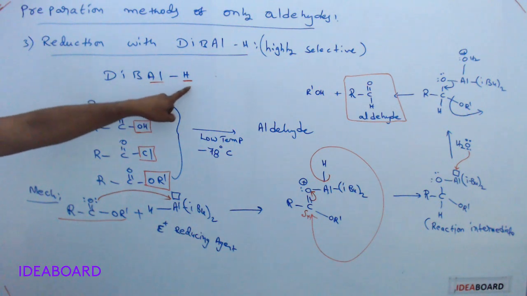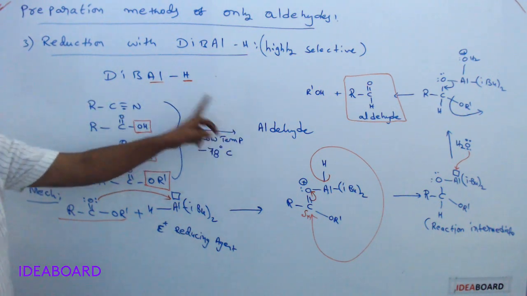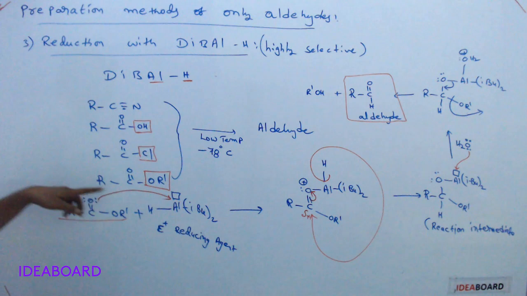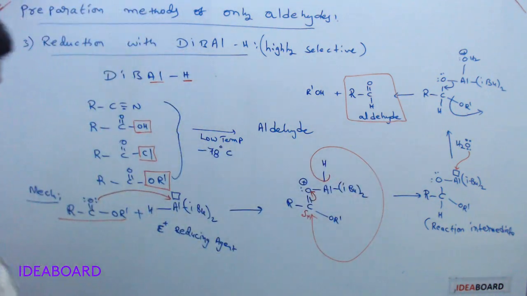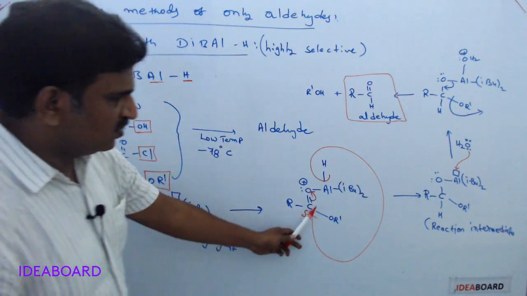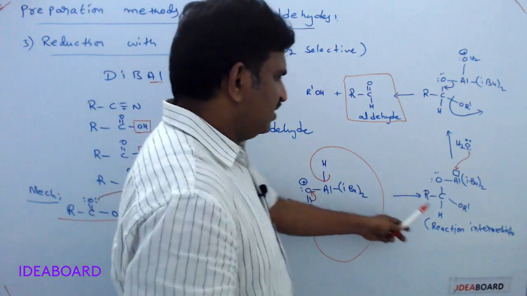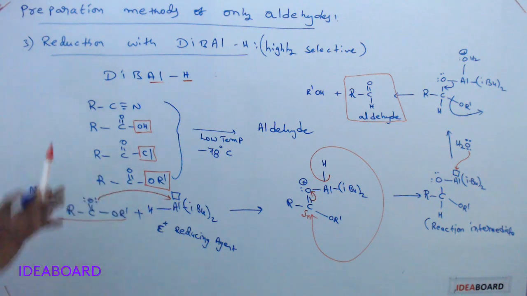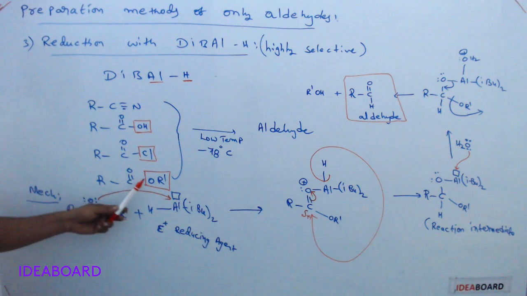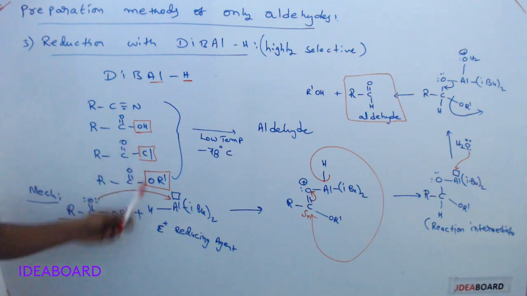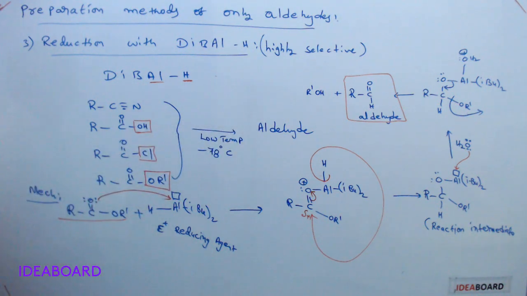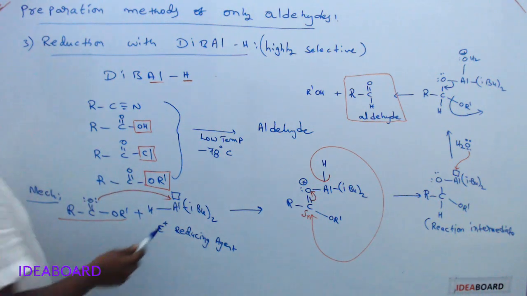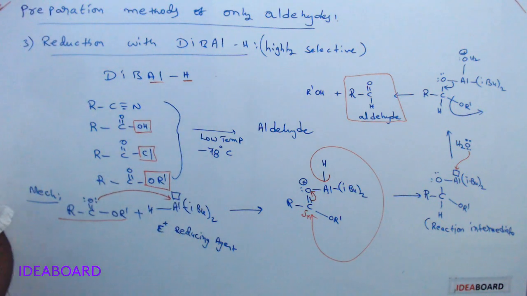Finally the aldehyde is forming, by hydrogen being added. Just hydrogen is added, and the remaining groups are removed completely. So by replacement of these groups with hydrogen, we can get the aldehyde. That is the DIBAL-H reaction, and the main and important thing is that the reaction occurs at low temperatures.